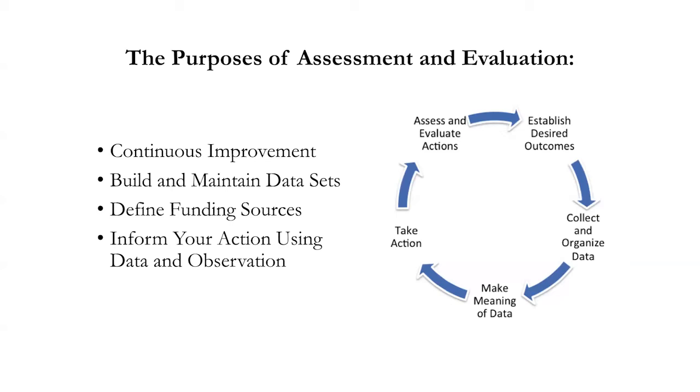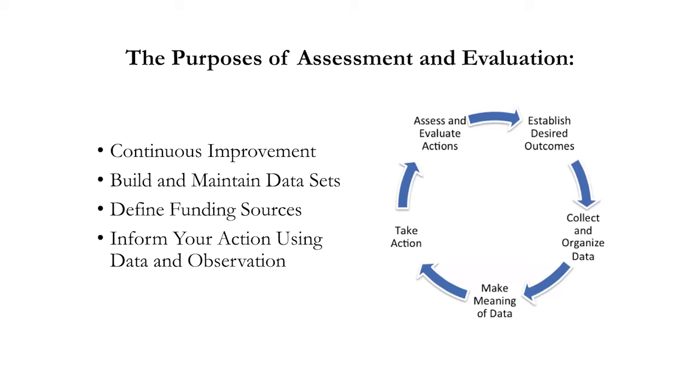And I'm sure a lot of you have heard these terms or regularly use these terms in your own work, but bear with me if I'm over explaining something that you already have a lot of experience with. Inputs are the things that go into making your program work, right? Money, staff, technology, contractors, volunteers, et cetera.